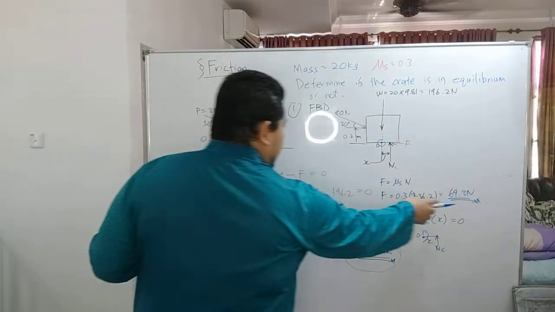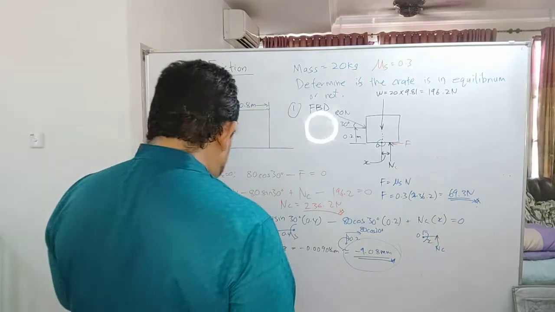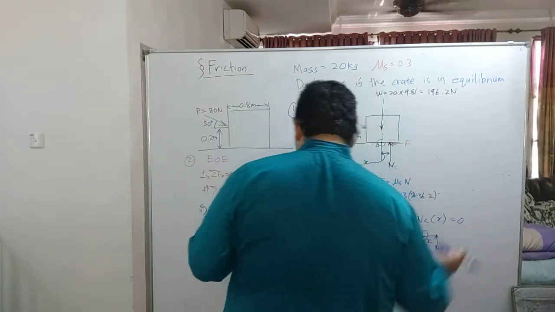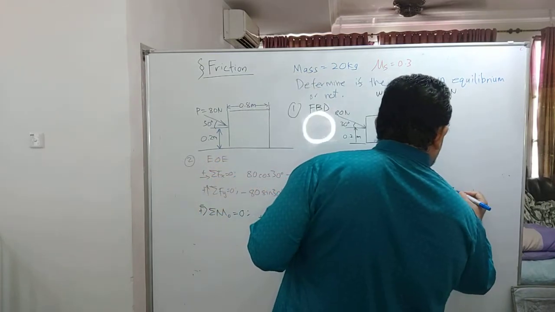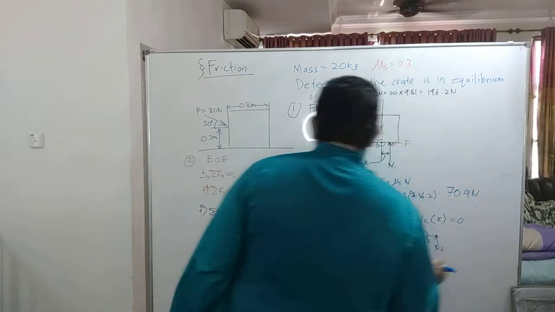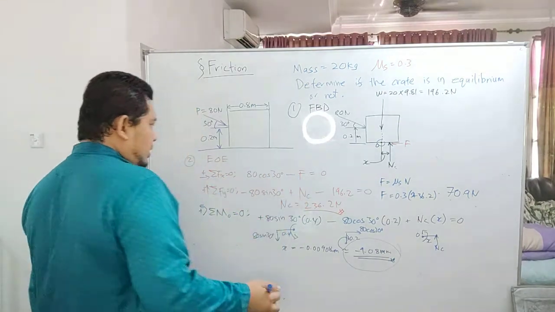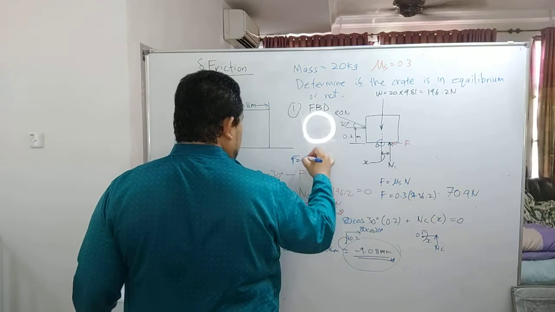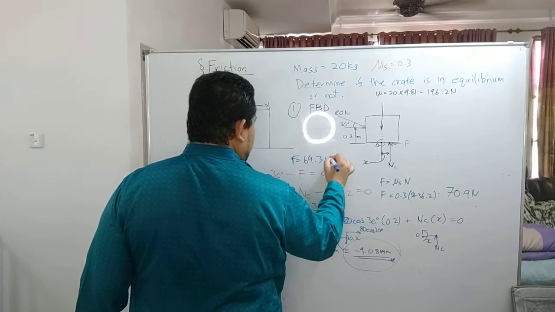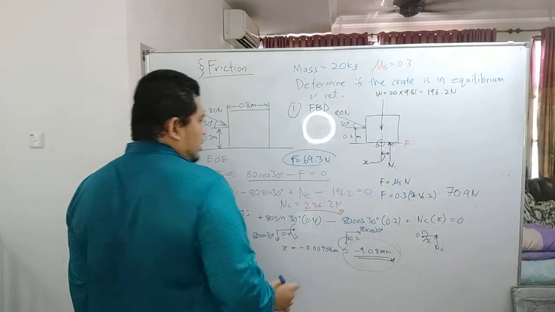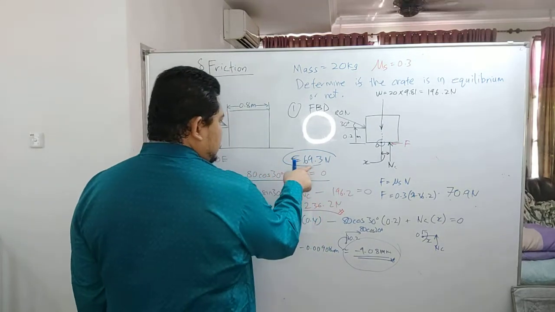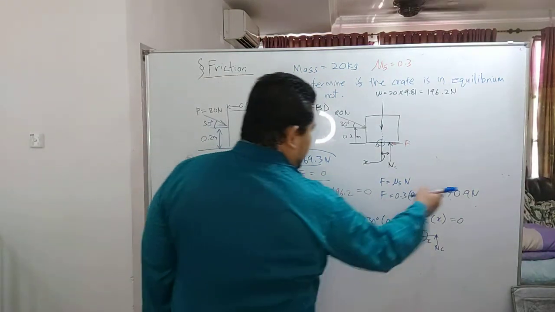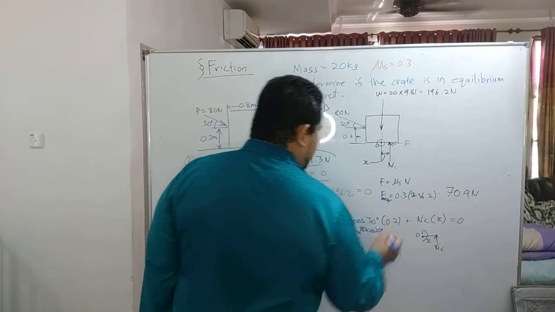So this value over here should be 70.9. But if you calculate F from here, F is equivalent to 69.3. From this equation, you should notice that 69.3 is smaller compared to 70.9. Remember, this one is the maximum friction force.